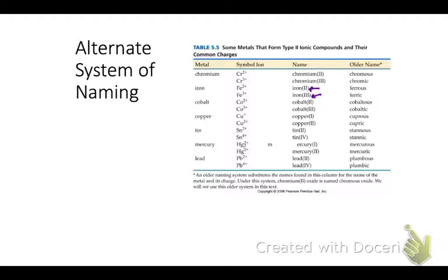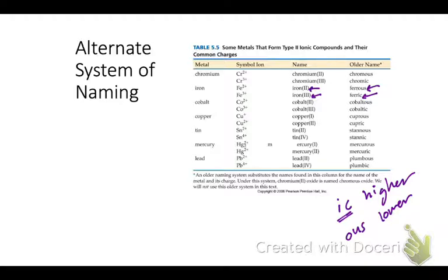But also there is the older way in which we give -ic ending for the higher charge and -ous ending for the lower charge for that specific metal. So iron 2 is ferrous because 2 is less than 3, and iron 3 is ferric. Like you can see here, you have chromous and chromic for chromium 2 and chromium 3.